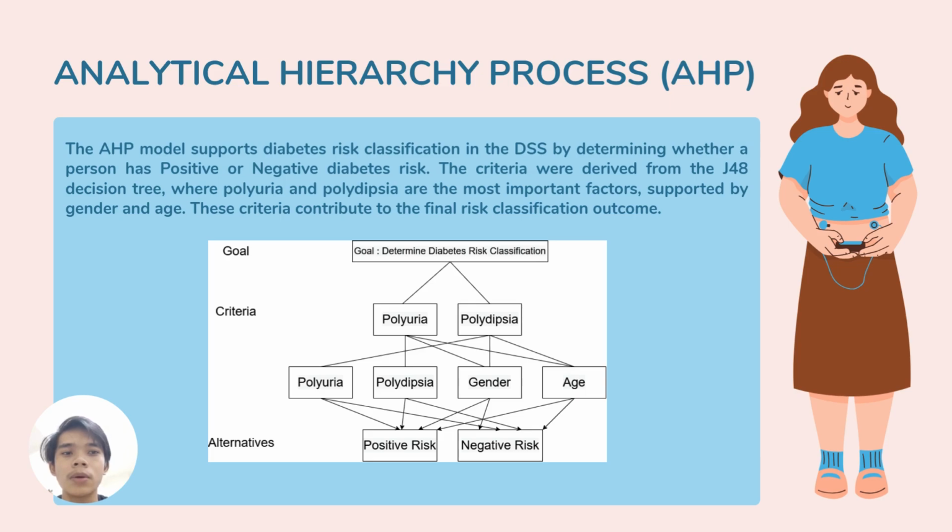And among all the criteria, polyuria and polydipsia are the most important. These two symptoms are strong indicators of diabetes. They are supported by two additional factors, which are gender and age.